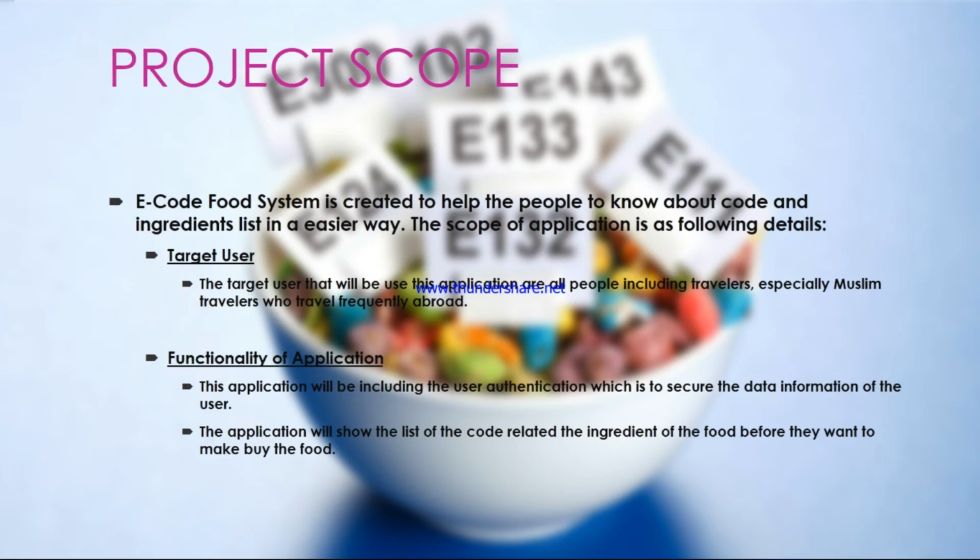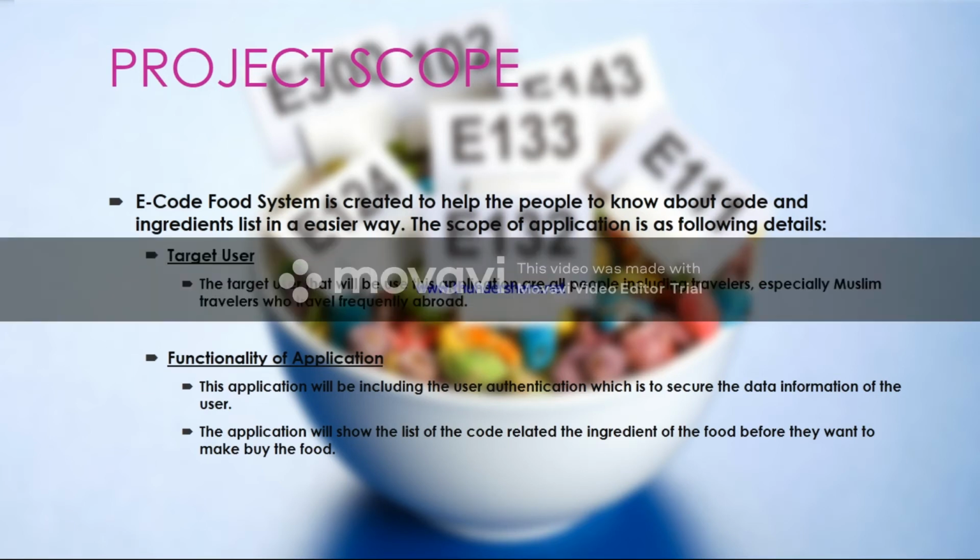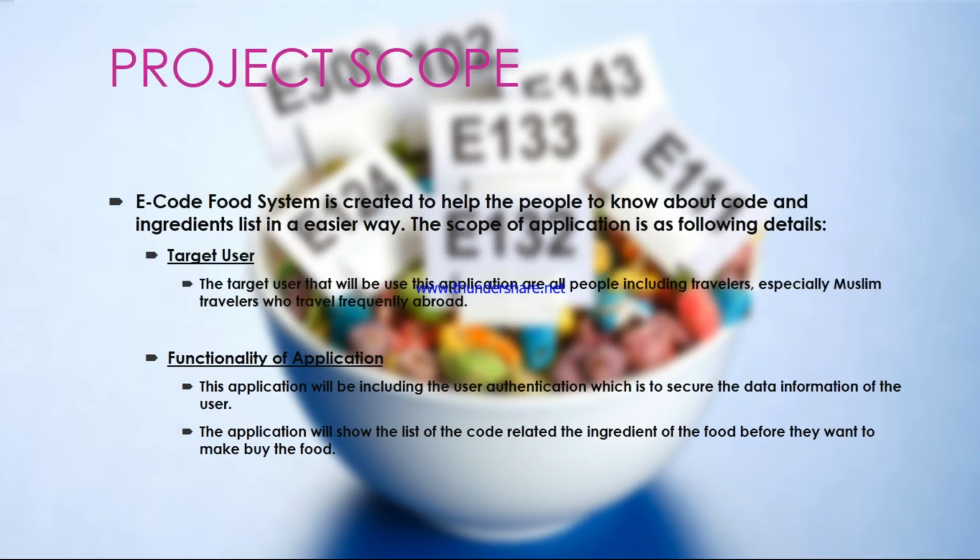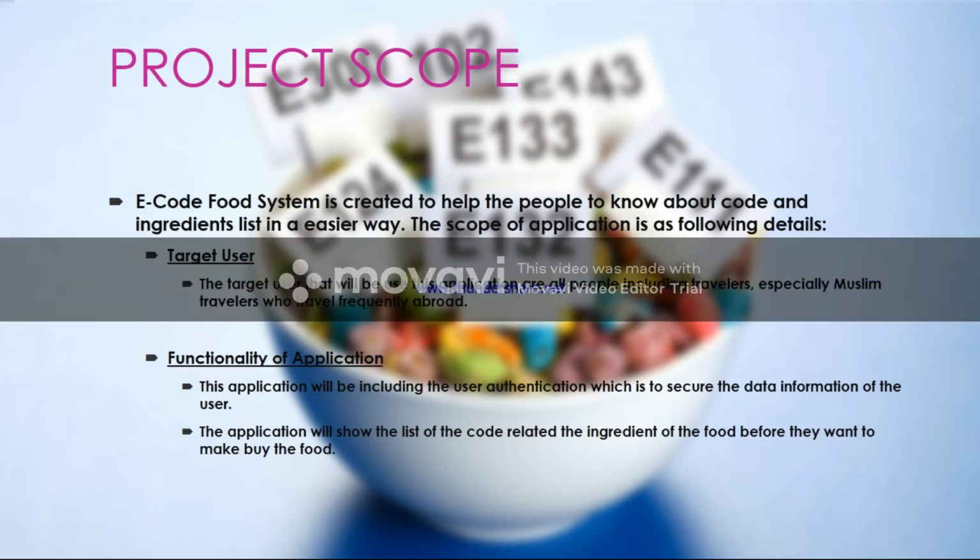The target users of this application are all people, including travelers, especially Muslim travelers who travel frequently abroad. The second is the functionality of the application. This application will include user authentication, which is to secure the data information of the user. The application will show the list of the codes related to the ingredients of the food before they want to buy the food.